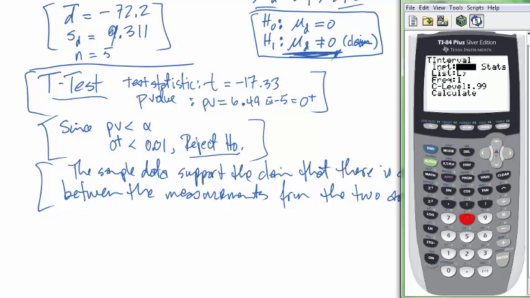Now, because we had just done the t-test, it's going to keep the same information for us. And then we can use a 0.99 or 0.98. I think we can use a 0.99 to match with our hypothesis test, and then ask it to calculate for us.